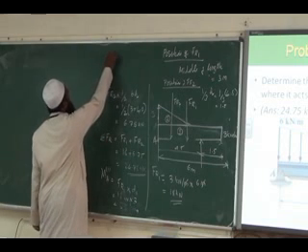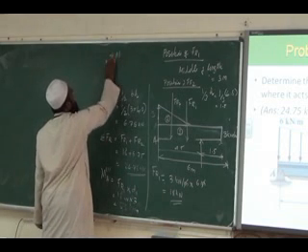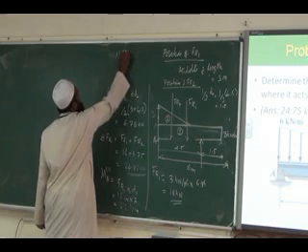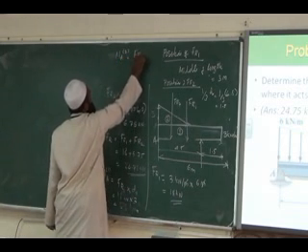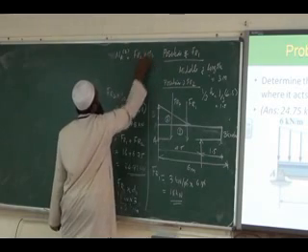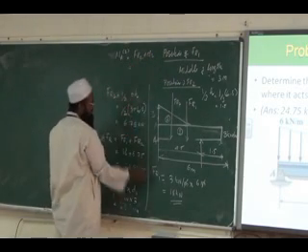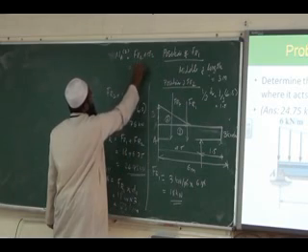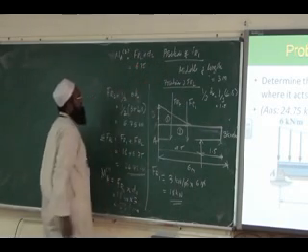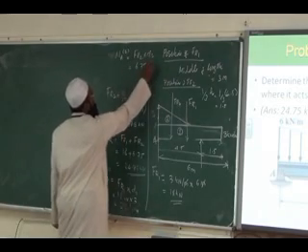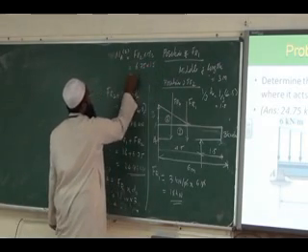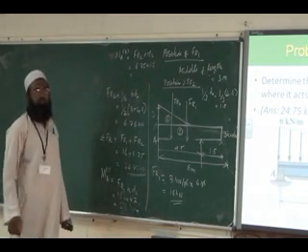Similarly, the moment of force 2 about A is FR2 times T2. FR2 is 6.75 times 1.5. How much does it come? 10.125.